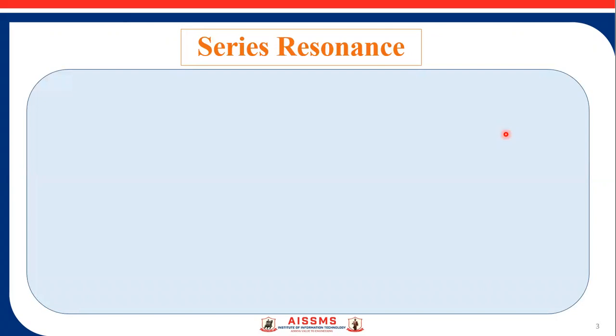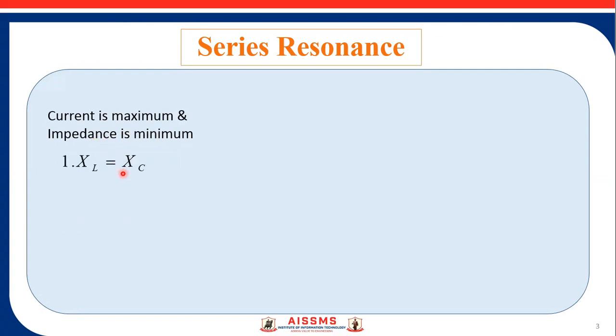Next, series resonance. At what condition does resonance occur? Current is maximum and impedance is minimum. XL equal to XC is the condition.